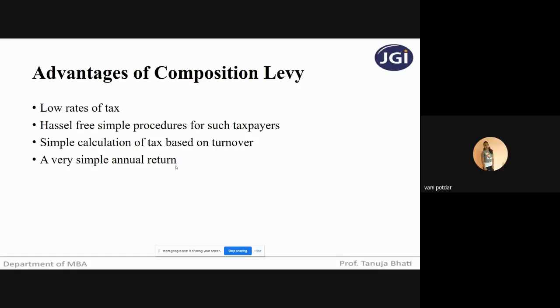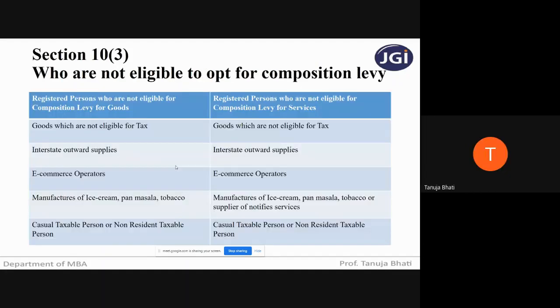Okay. One more thing I just want to tell you all: I told you that suppliers who are providing interstate supplies cannot opt for composition levy. But that doesn't mean that they cannot receive material from outside. See, this is from the supply side. Any supplier who is supplying goods outside the state cannot apply for composition levy.